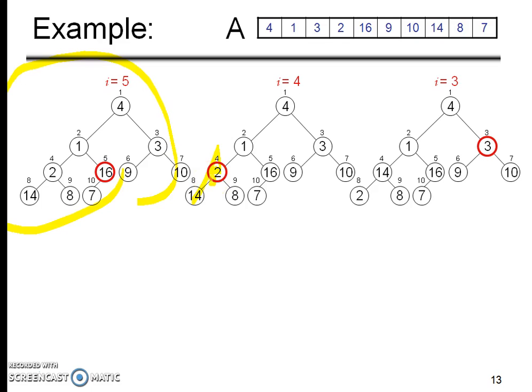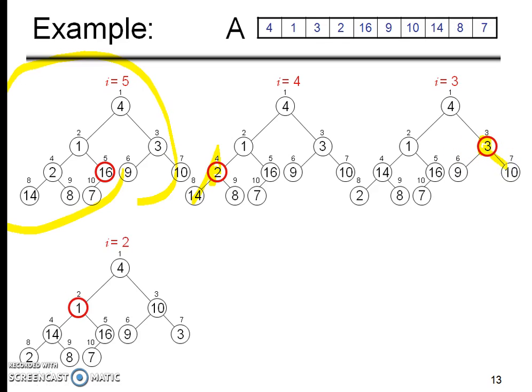Now decrement i, and in the next level with i equal to 3, the element 3 is exchanged with its larger child node, retaining the heap property. Now i is decremented.